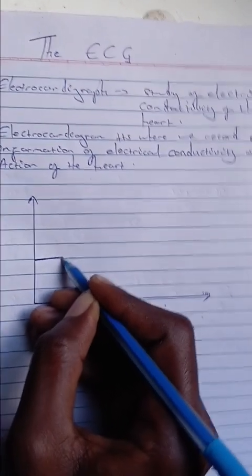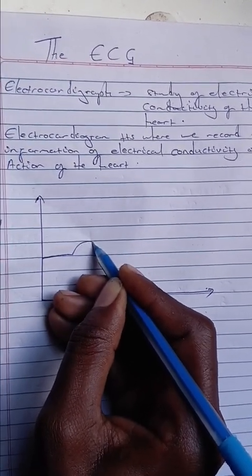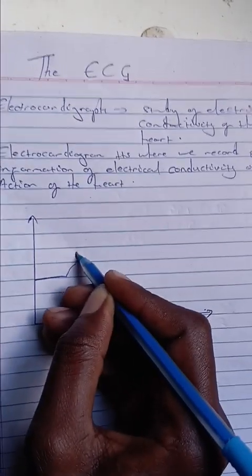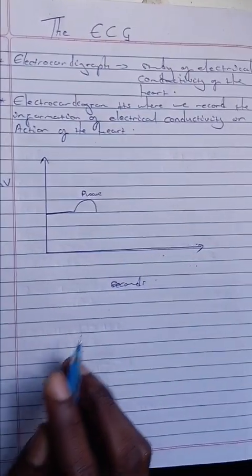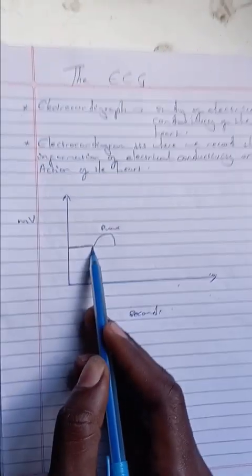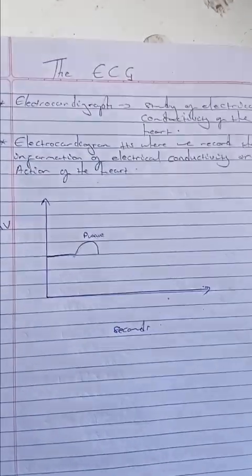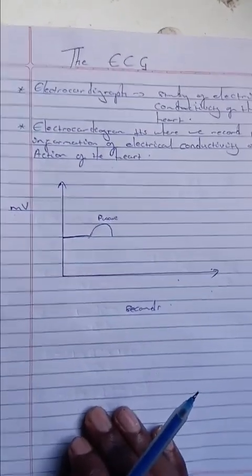Then as it goes, we have the P wave. This is P wave. Then this upward deflection is just a positive deflection.